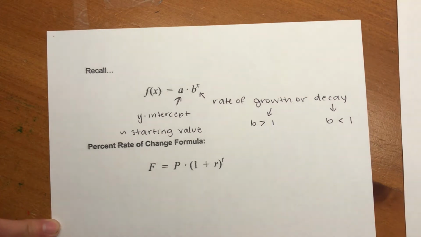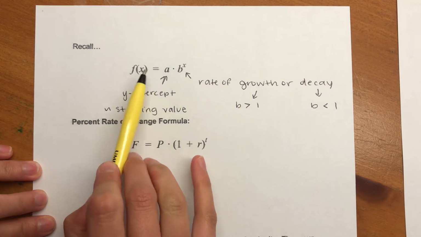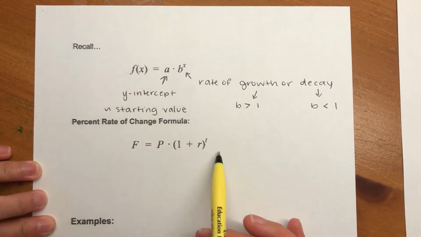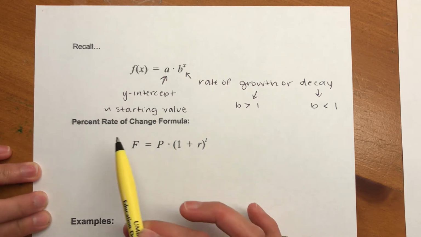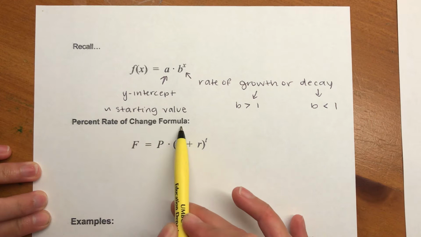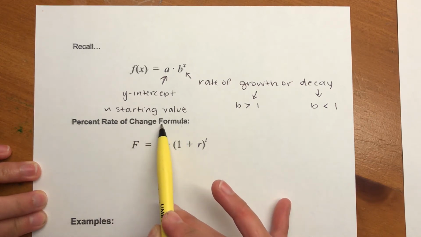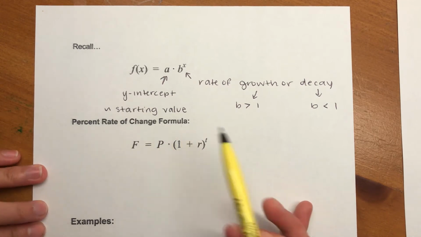So now what we're going to do is we're going to have a more specific version of this formula. F of x equals a times b to the x. That's still the overarching formula here, but we have more specific values, okay? So the percent rate of change formula. First, a percent rate of change is how much something's changing based on an existing value, okay?